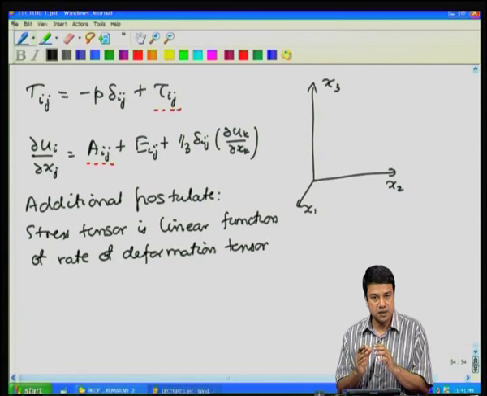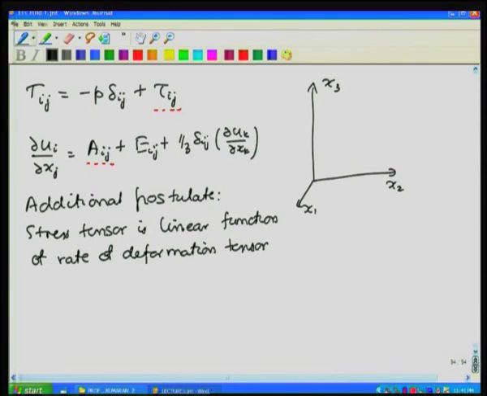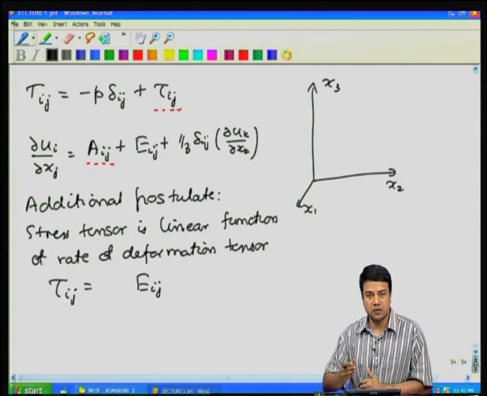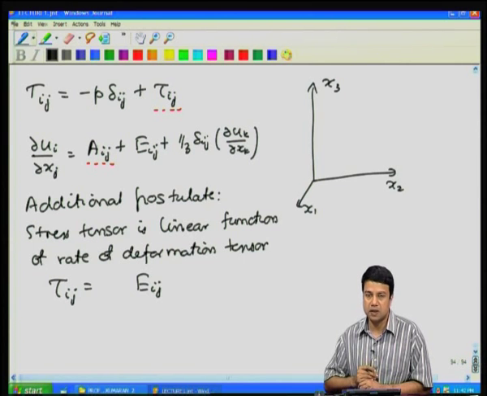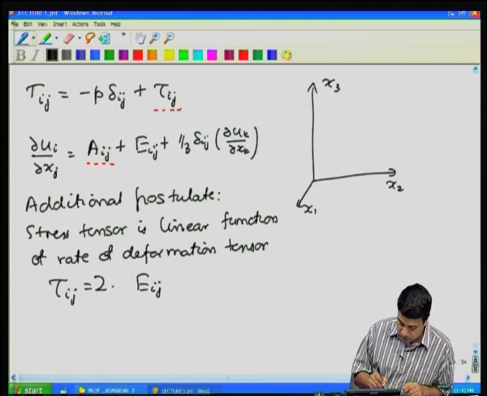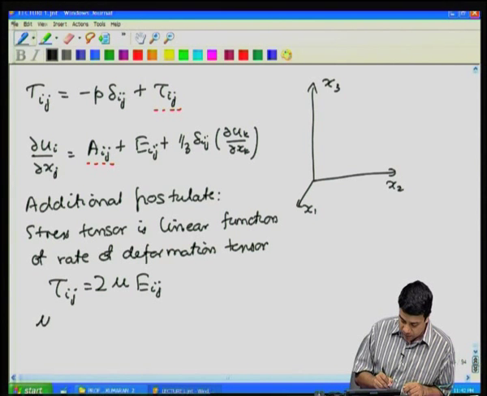If I postulate that the stress has to be linear in the rate of deformation tensor, then the only way I can get that is for the symmetric traceless part, I will have tau ij equal to some constant times Eij, because both the left and the right hand side are symmetric traceless tensors. I cannot have it proportional to the isotropic part because the trace of that is non-zero. This coefficient is usually written as 2 times mu, where mu is the coefficient of viscosity.